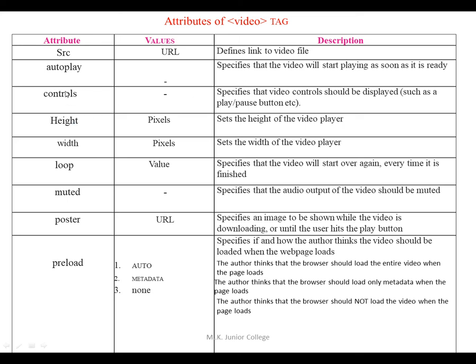Now next is controls. To add the pause and play buttons, to display the console, you have to add the controls attribute. You can manage the height and width of your video while inserting it by giving some pixel amount, using the height and width attributes. Next is loop.